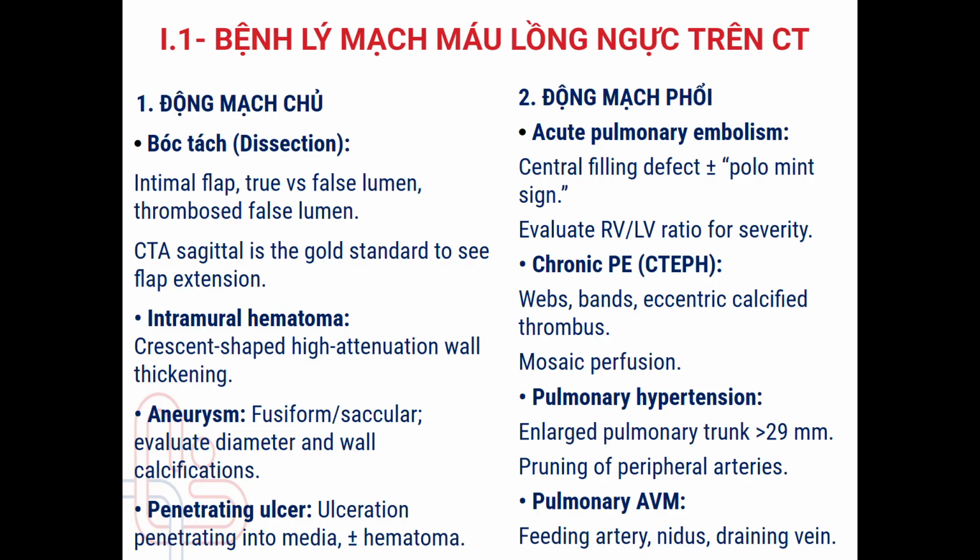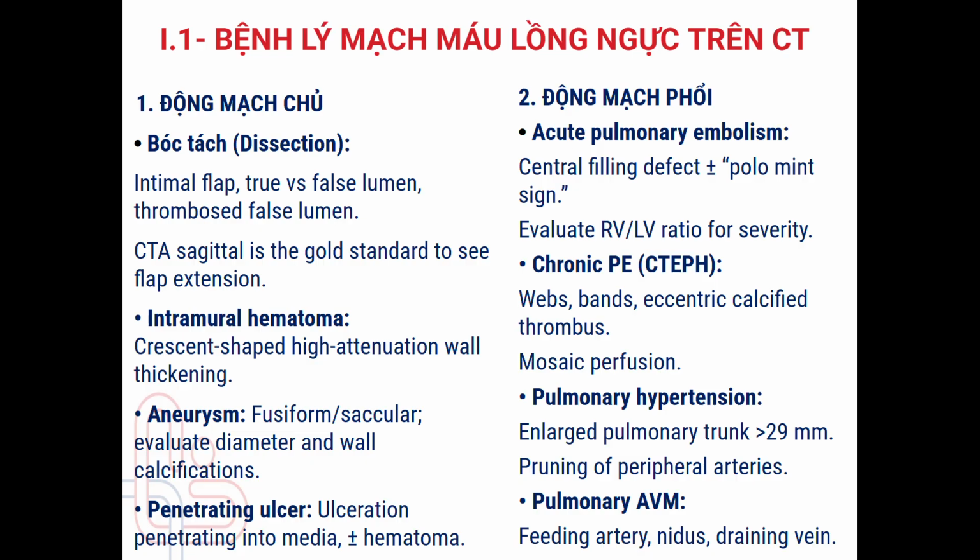Regarding the pulmonary artery, CTA is the gold standard for diagnosing pulmonary embolism. The key criterion is a filling defect within a contrast-opacified pulmonary artery, which may appear as a central defect surrounded by contrast, a peripheral defect forming an acute angle with the vessel wall, or complete luminal obstruction.